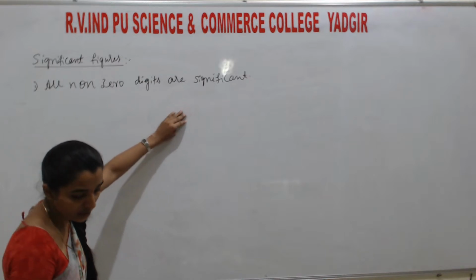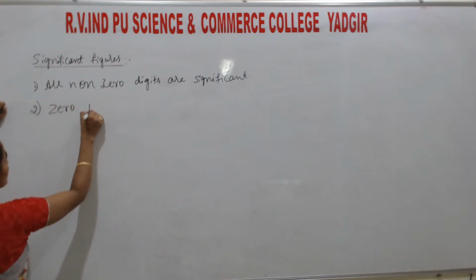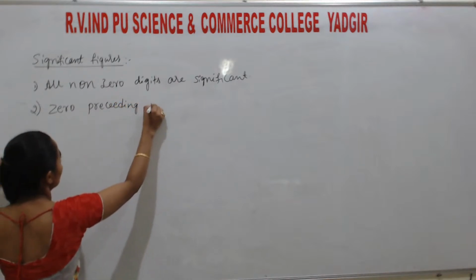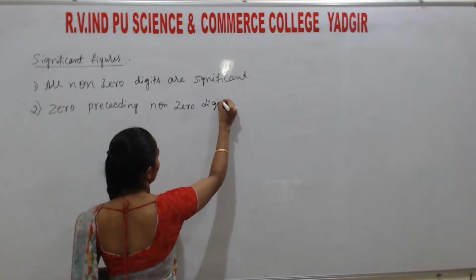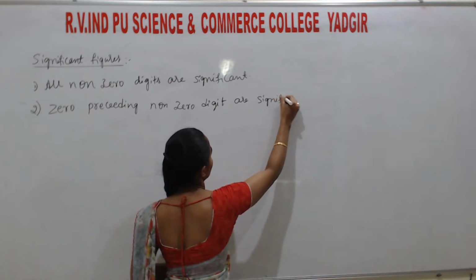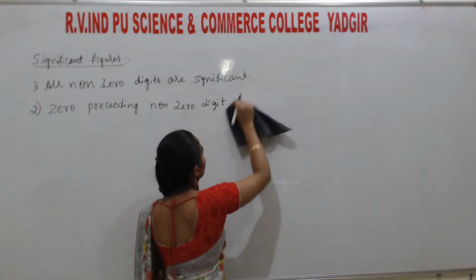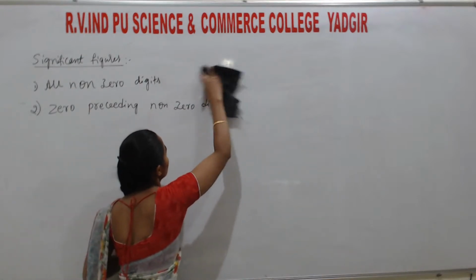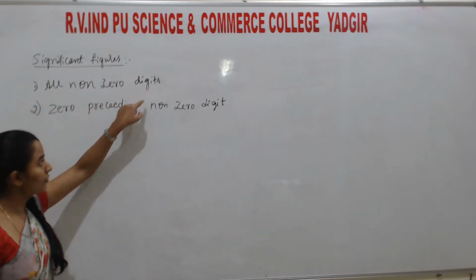Understand? Next, zeros preceding a non-zero digit are not significant. I'll write only this one. All non-zero digits are significant.